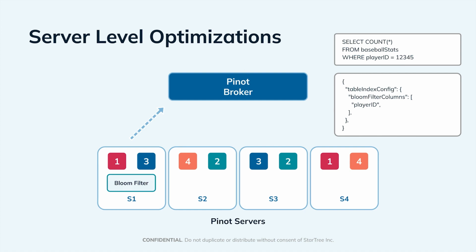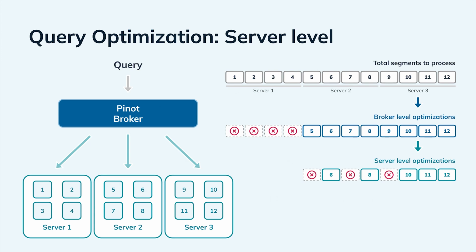And when it gets the query, it can use the Bloom filter to again filter out segments that don't contain that particular value of player ID. So without looking at the data, we still haven't touched the data so far, we can eliminate segment 3 and just focus on segment 1. So this further cuts down the number of segments you need to process for answering the query.